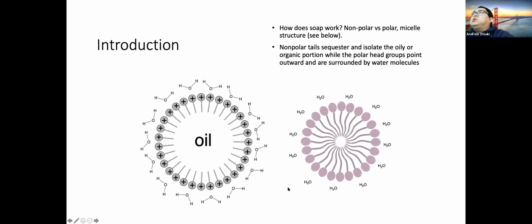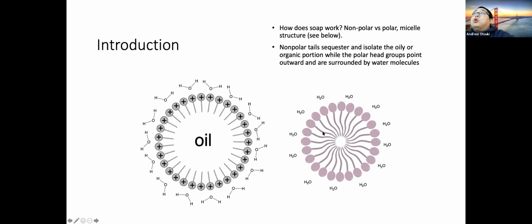Molecules that form micelles are also called surfactants, because they affect the surface tension of the water, and that's what allows suds to form, and that's how you're able to be both soluble in water and at the same time target the oil molecules or whatever you're trying to clean. So here's another representation, a little cartoon drawing.